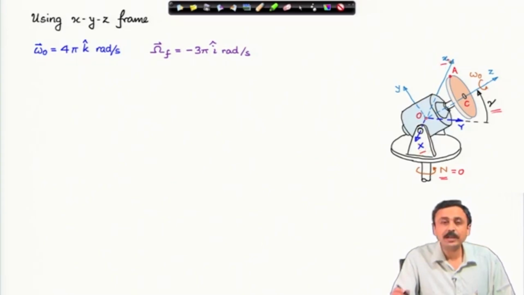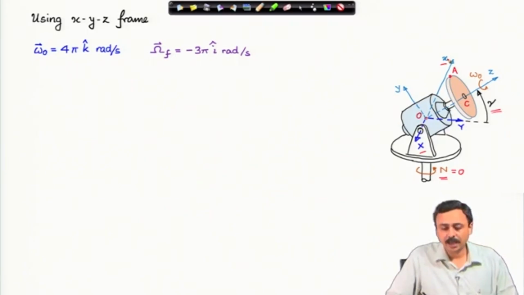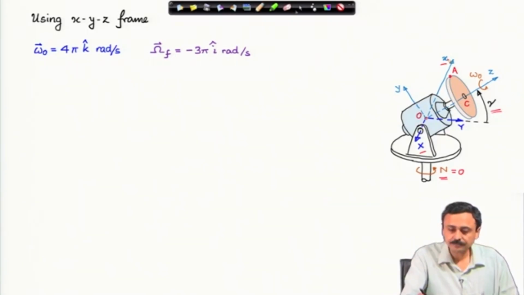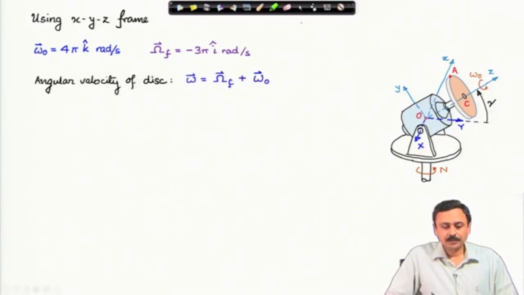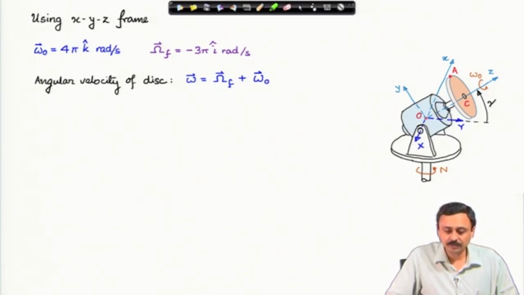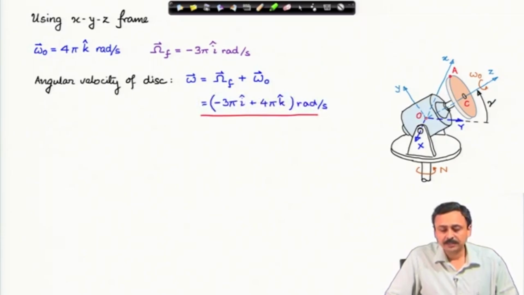Therefore, with respect to the small x axis in which we are representing everything, it is minus 3 pi I cap radian per second. Therefore, the net angular velocity of the disk is the angular velocity of frame plus the angular velocity of the disk with respect to the frame, omega f plus omega naught, and if you do that, this is the result: minus 3 pi I cap plus 4 pi k cap radian per second.